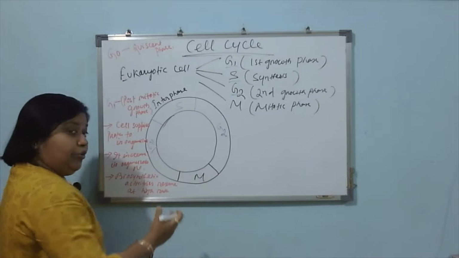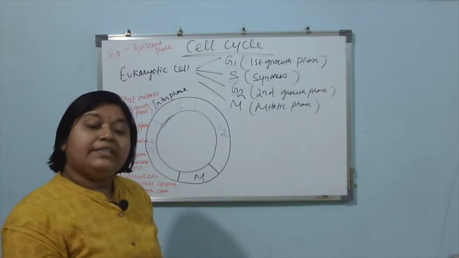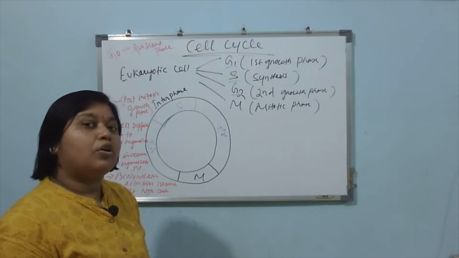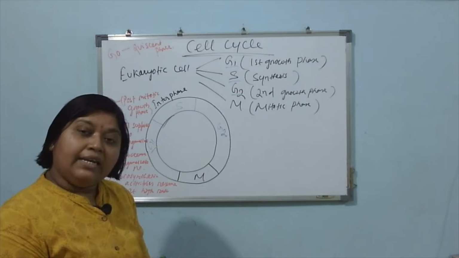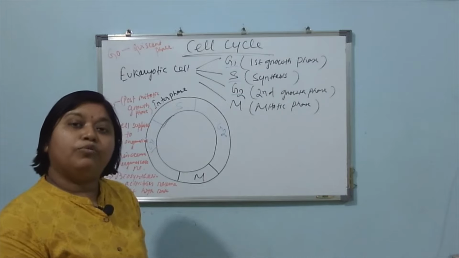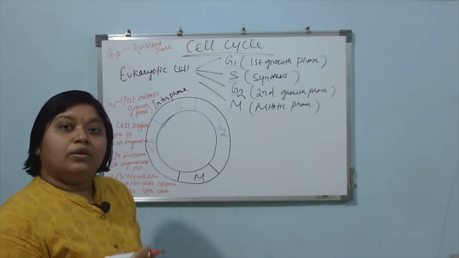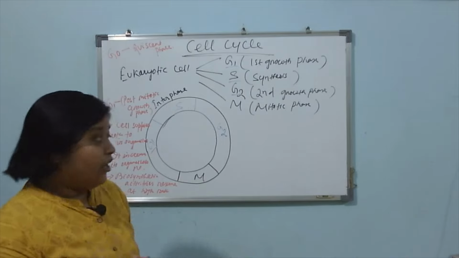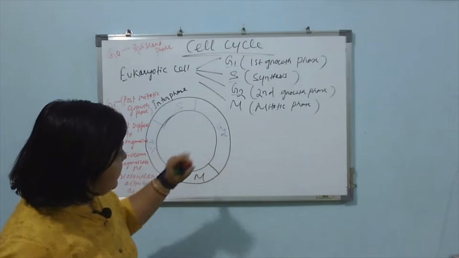To ensure all these activities, whether the cell is getting proper nutrition or not, or whether the cell is replicating its chromosomes or not, there is a mechanism to check all these processes in the cell cycle.